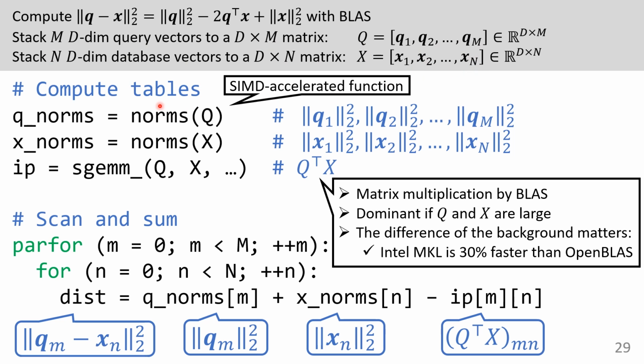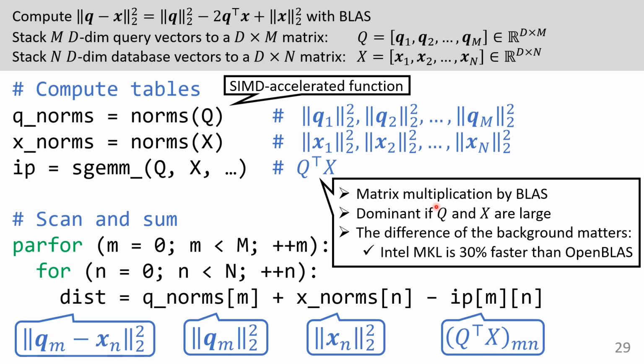So we first compute a table like Q norms equals norms of Q. This norms function is also a SIMD accelerated function. For each query vector, they compute the Euclidean norm, and the same here. Then here, we compute the inner product between Q and X, like this, Q transpose X, by a BLAS function. So this is a matrix multiplication by BLAS.